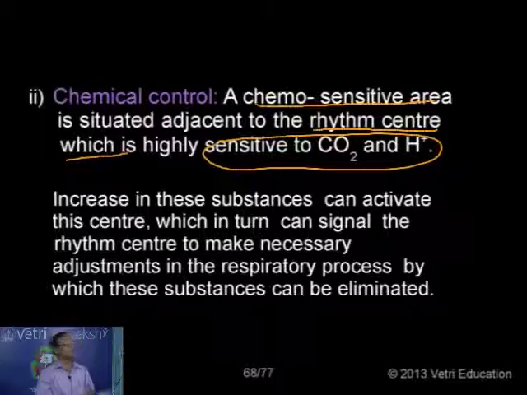Once these centers are stimulated by increased carbon dioxide and hydrogen ion concentration, they send signals to the respiratory rhythm center, and the respiratory rhythm center modifies the respiratory process, making adjustments for the elimination of carbon dioxide and hydrogen. That is about the chemical control.